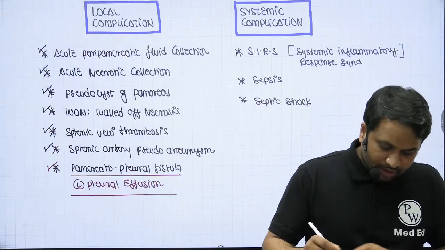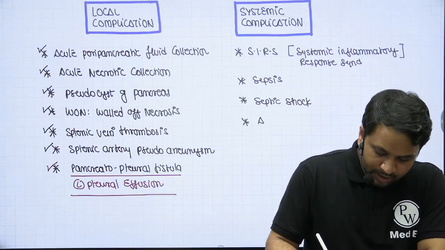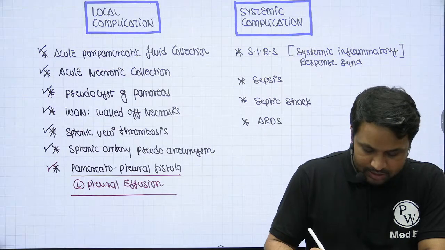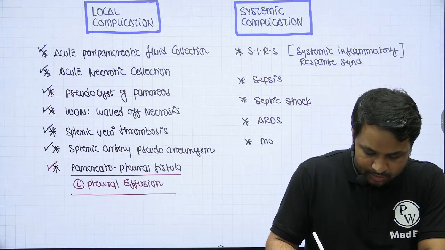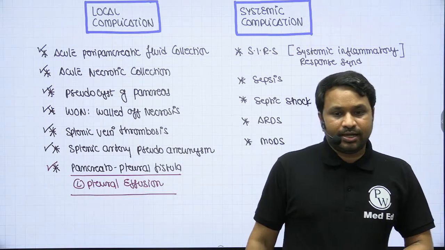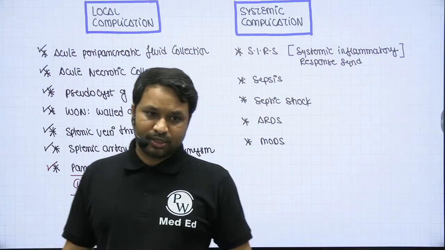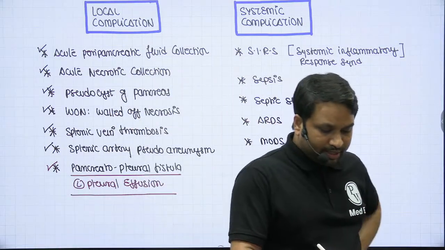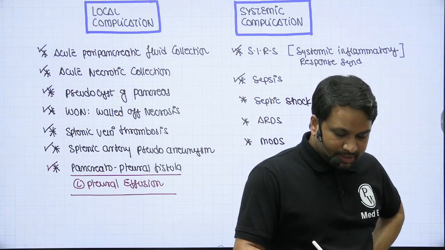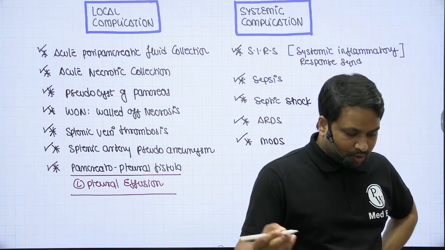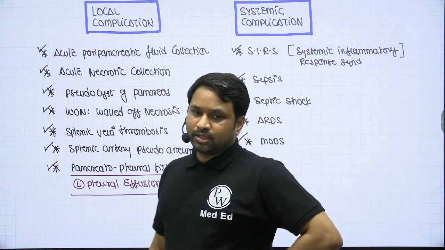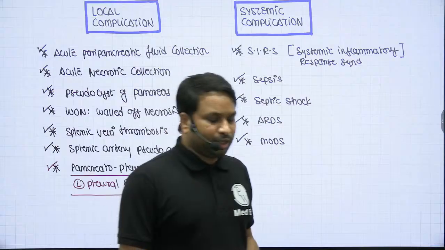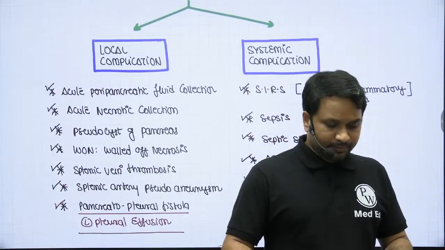From septic shock, it can result in acute respiratory distress syndrome, that is ARDS, and eventually MODS and death. So systemic inflammatory response syndrome, sepsis, septic shock, ARDS, and MODS. These are the systemic complications associated with acute pancreatitis.